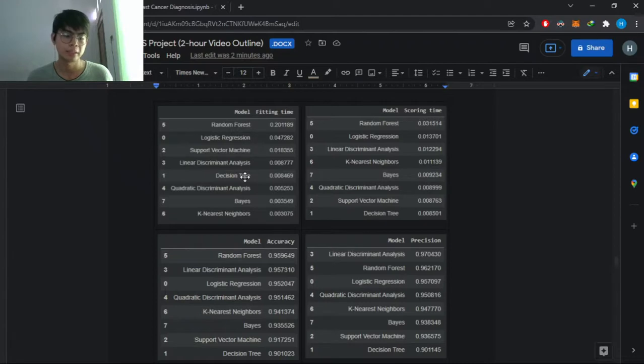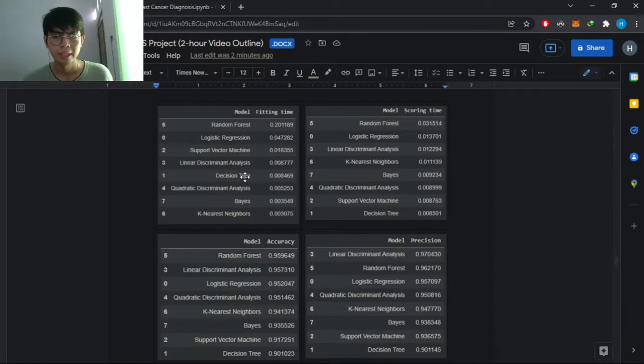In terms of time, you would want an algorithm that performs the fastest, but with respect to other performance evaluation methods, I think this can be of lower priority.